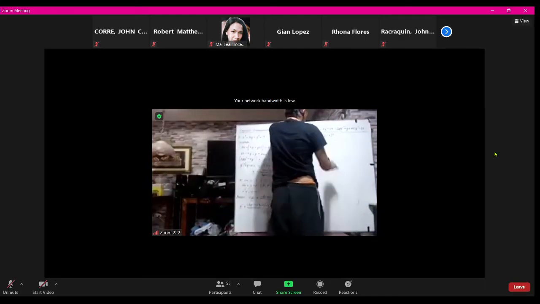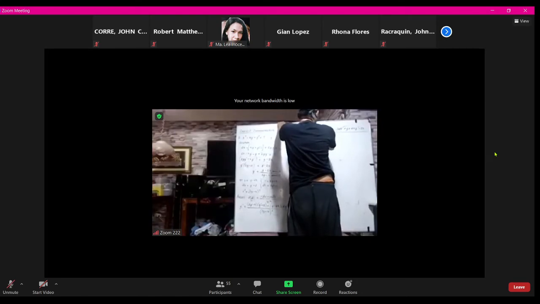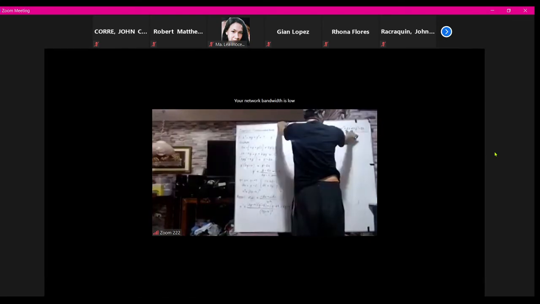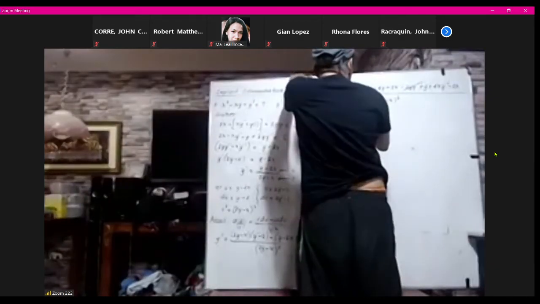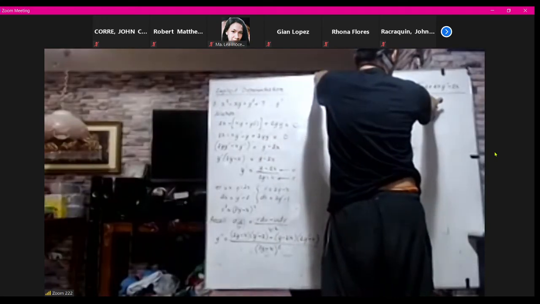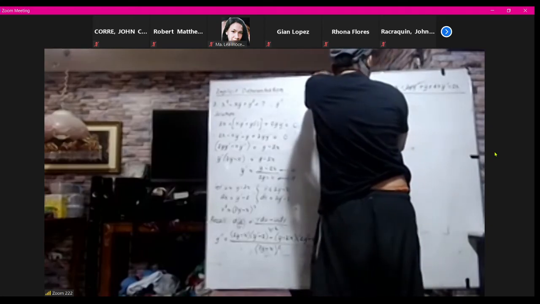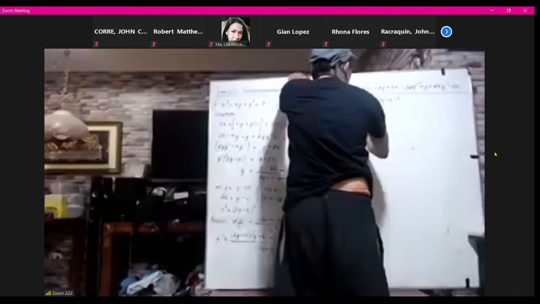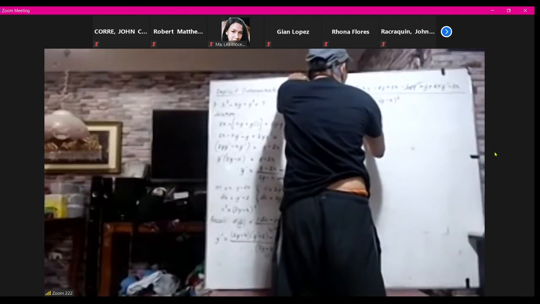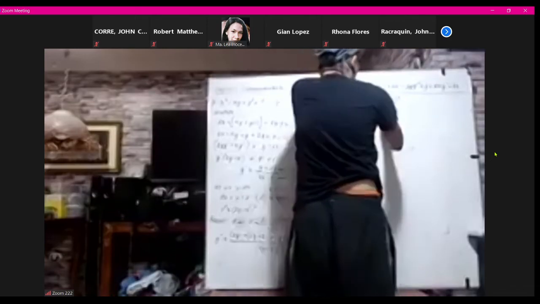So, ayun, negative xy prime at saka 4xy prime. So, positive 3xy prime. Then negative 4y at saka positive y is equal to negative 3y. Then sumunod, 2x so cancel na siya. All over 2y minus x squared. So i-factor natin siya.